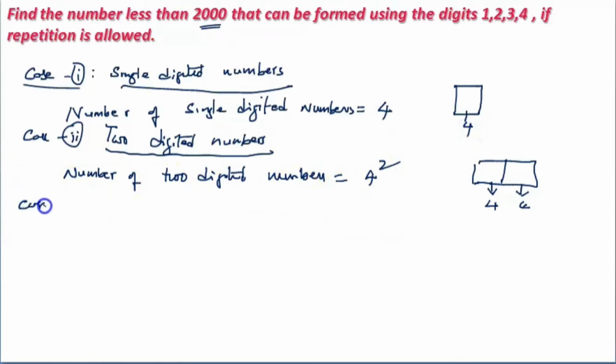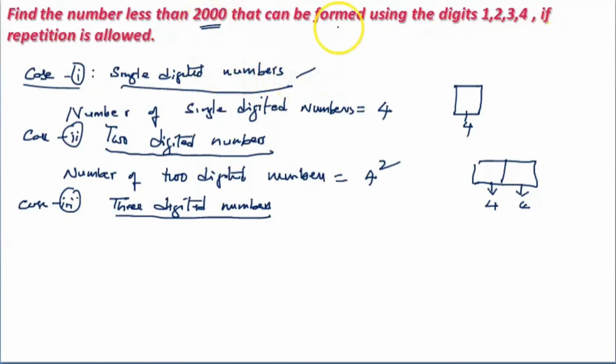Case 3: three-digit numbers. It's very clear. Three-digit numbers are also less than 2000. Looking at this problem, we have to find the number of numbers less than 2000. Single digit numbers 1, 2, 3, 4 are less than 2000. Two-digit numbers like 12, 13, 14, 21, 23, 24, 41, 42, 43 are less than 2000.